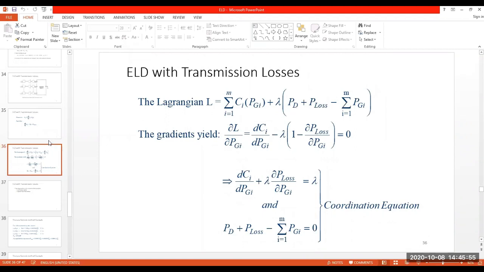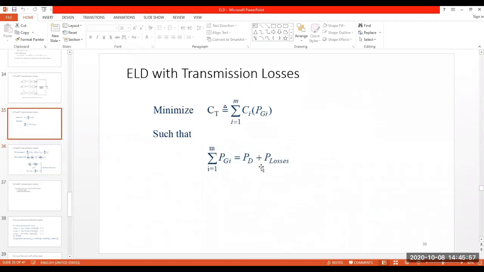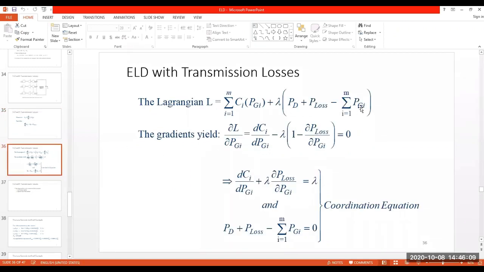That means, going back to the last slide, the summation part will appear in this expression as a negative. So PD plus P losses minus the summation of PGi should be equal to 0. So this is what is written here.